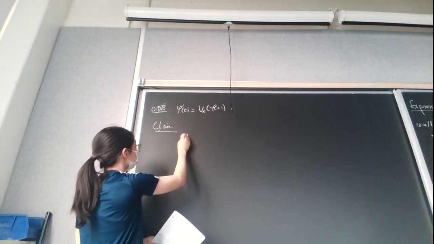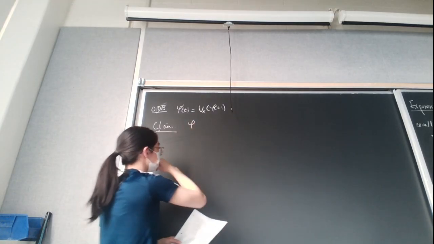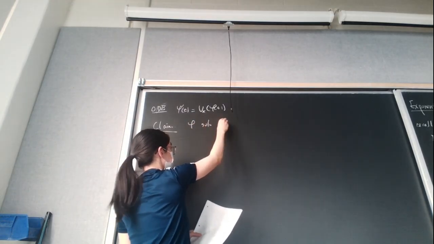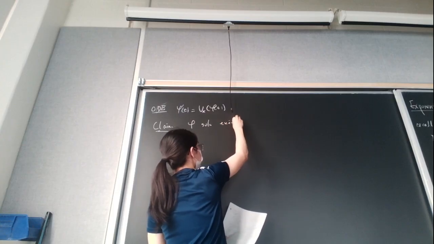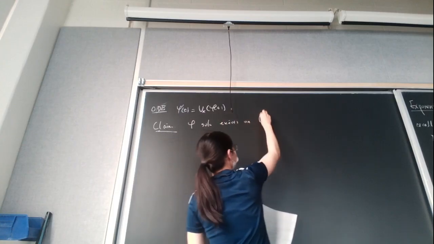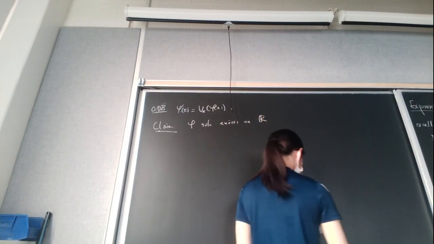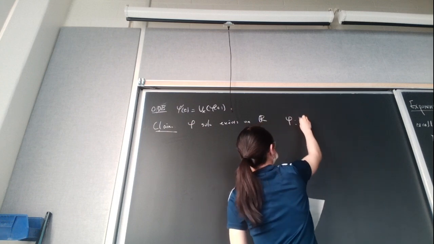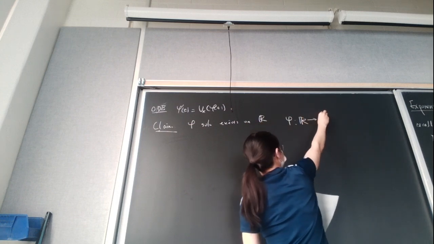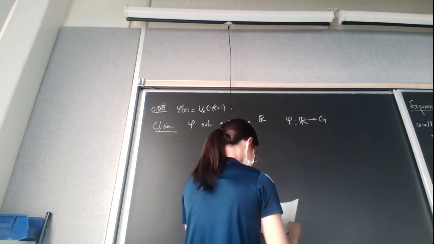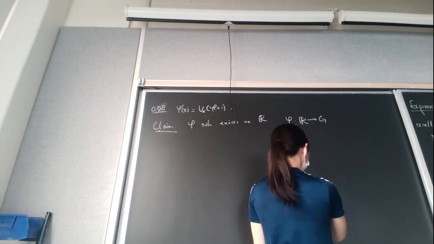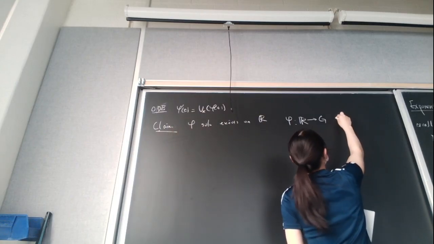is that the solution phi exists on all of R, and it is a group homomorphism.